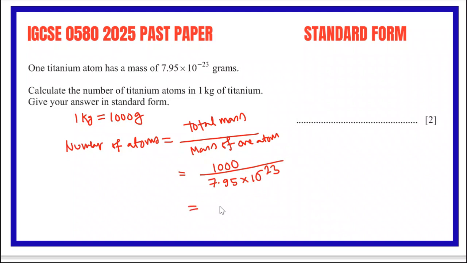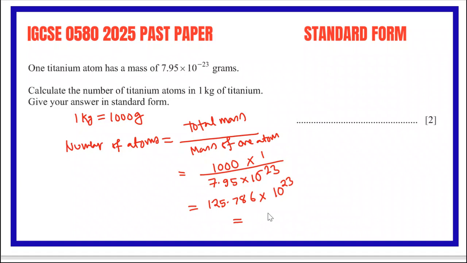If we divide 1000 by 7.95, we get 125.786, times 10 to the power of 1 over 10 to the power of minus 23, which we can write as 10 to the power of positive 23.